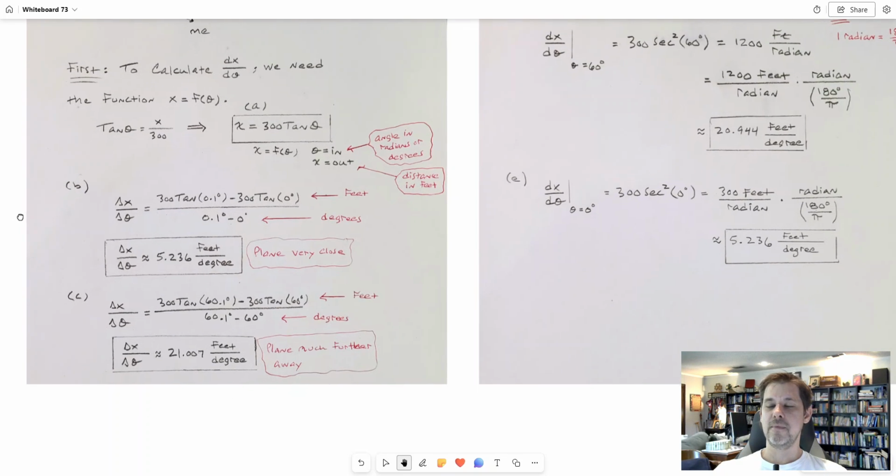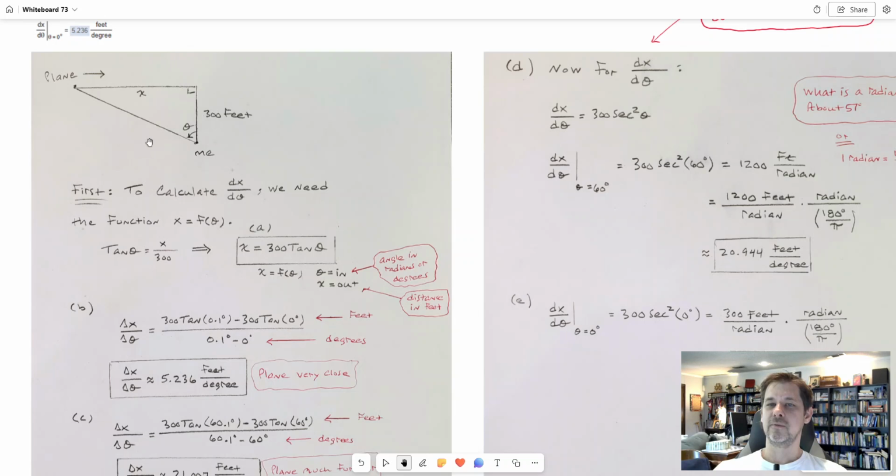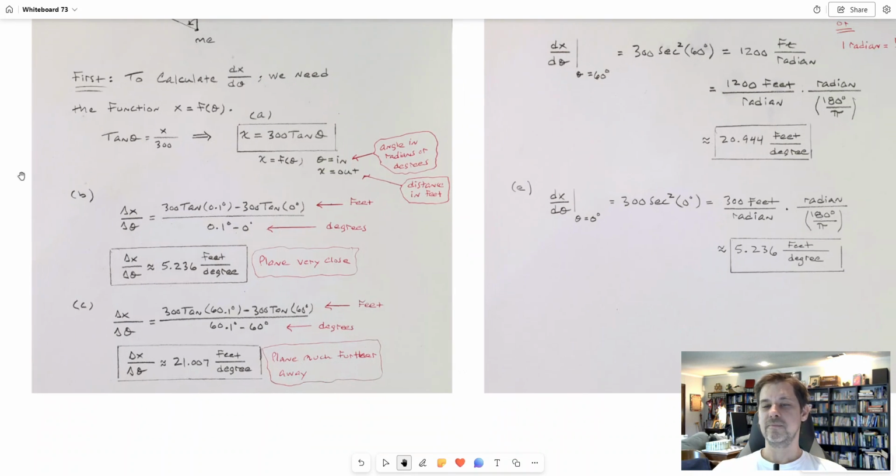Now, in the beginning I asked, what is your intuition about this problem with respect to how the plane moves or appears to move when it's further away versus when it's close or right above you? Maybe you wouldn't have expected these exact numbers, but did you expect this to be a lot bigger than that? What does this number mean?